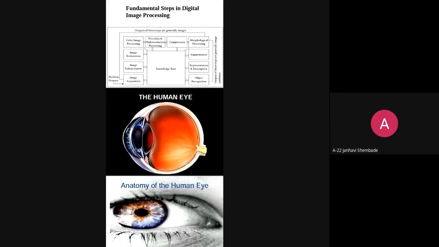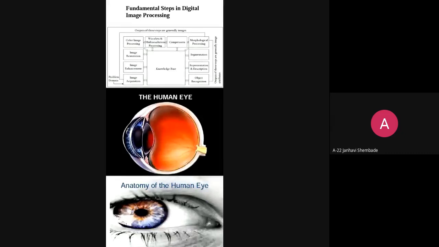As we discussed, representation and description means, here we can observe it is an image of a human eye. We can provide the label human eye. So it is called a description. Whatever label we can provide to the image is called a description.